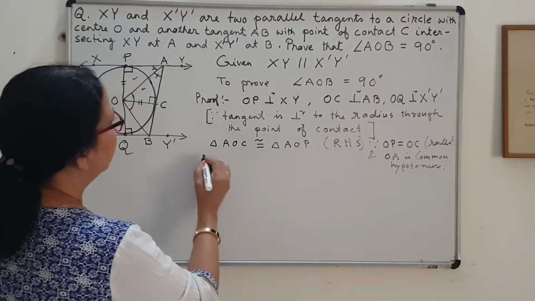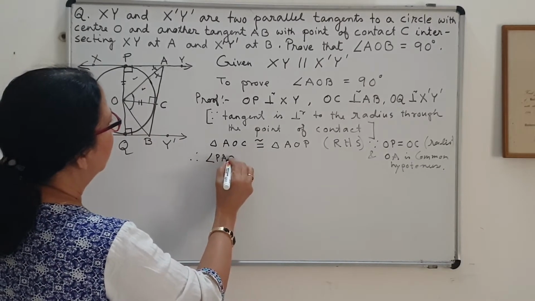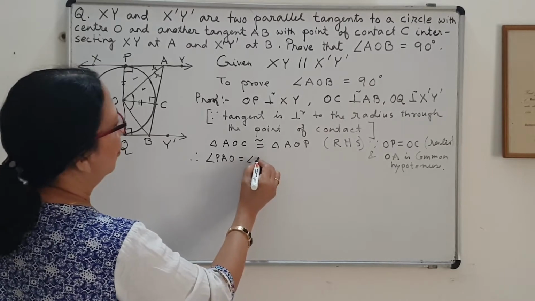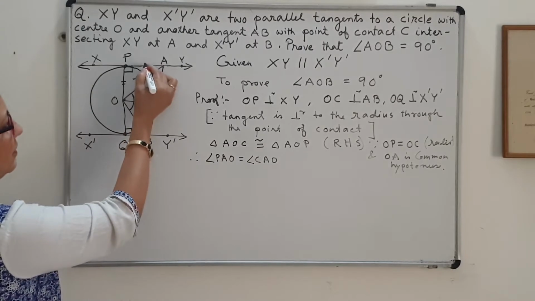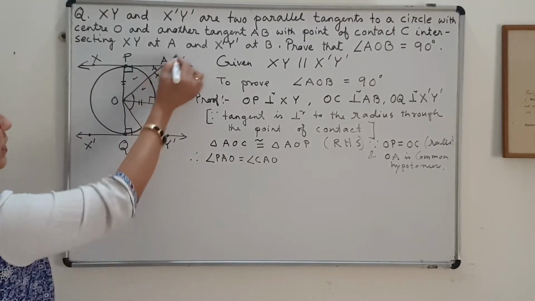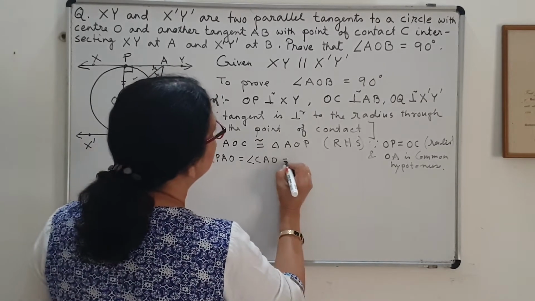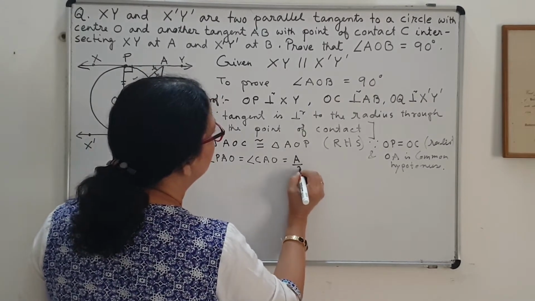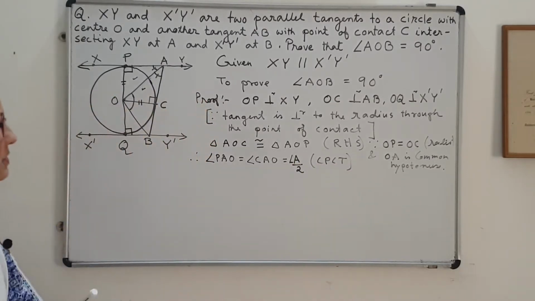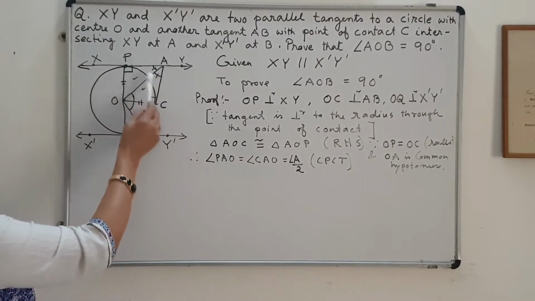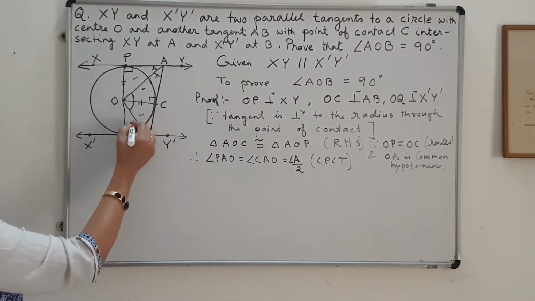So let me write, therefore angle PAO is equal to angle CAO, they are equal, and each will be equal to half of this angle A. That means AO is the angle bisector of this angle. So I can write each is equal to angle A by 2, and this is by CPCT condition. By CPCT we are having these two, and they have to be half of this whole angle A. Similarly, same thing for these two triangles also.